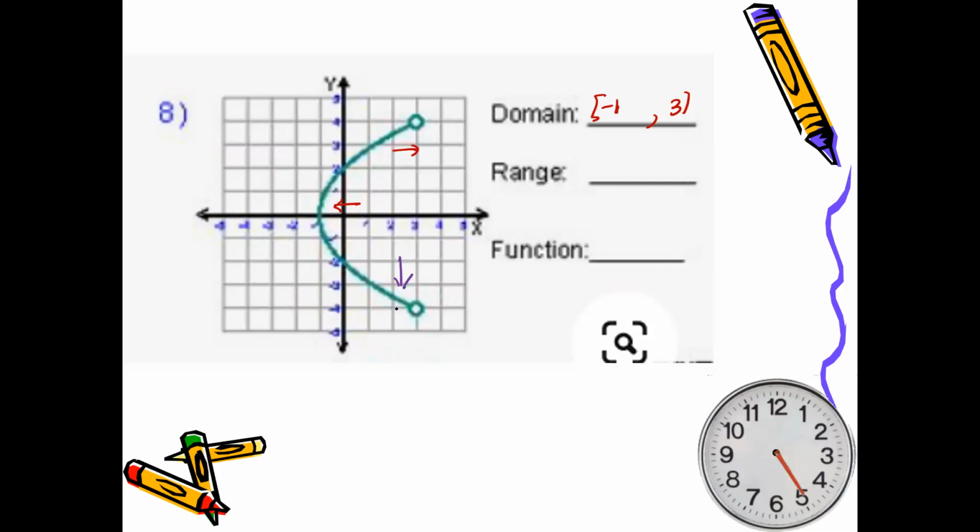It looks like it is at -4. And then how far up do you go to? It looks like it is at +4. Is it a function? If I draw a straight line, it touches it twice. So no, it is not a function.